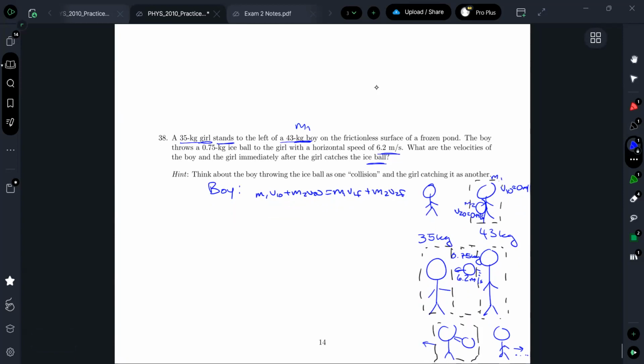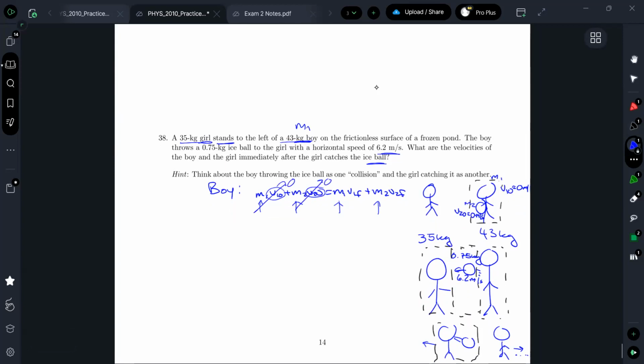So if we look at what we know here, we know masses. We know that V10 and V20 are both 0. The boy and the ball are just sitting there before throwing the ball. So this is 0, this is 0.